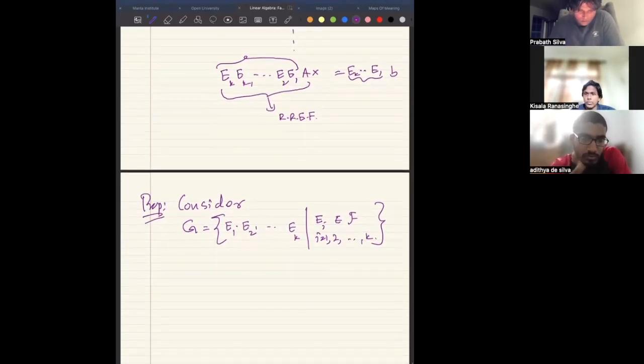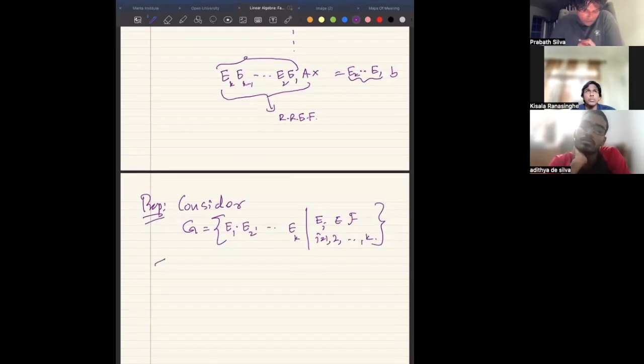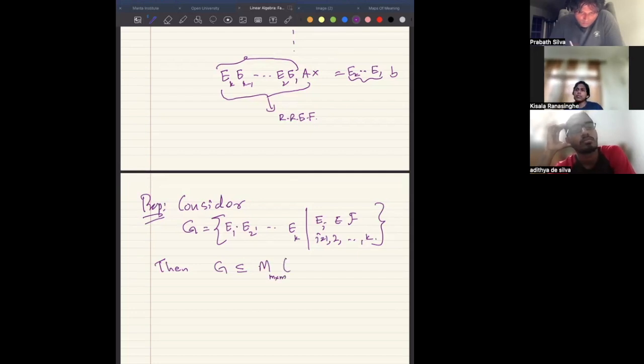Now, G, which is inside here, is a group.